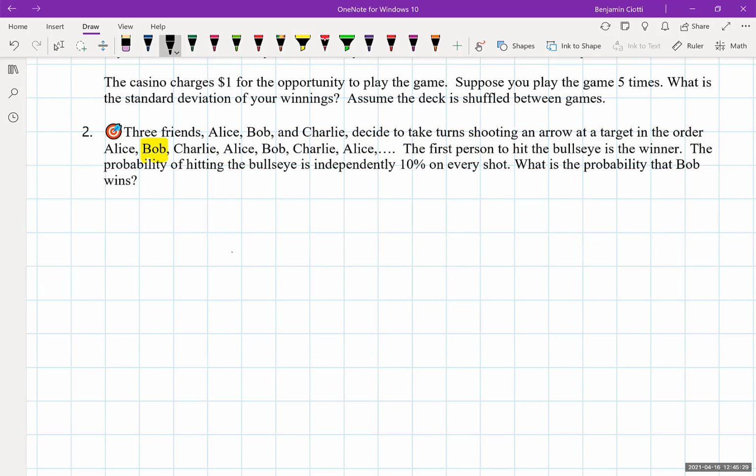Okay, so what are the ways that Bob can win? You could win on the 2nd or the 5th or the 8th or the 11th. So it's like every 3rd. Okay, let's see. He wins if Alice gets a miss and then Bob gets a bullseye. Or Alice gets a miss, Bob gets a miss, Charlie gets a miss, Alice gets a miss, and then Bob gets a bullseye.